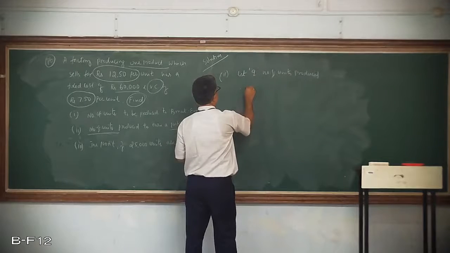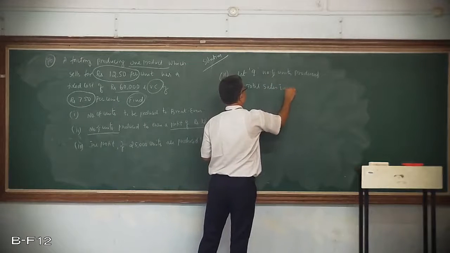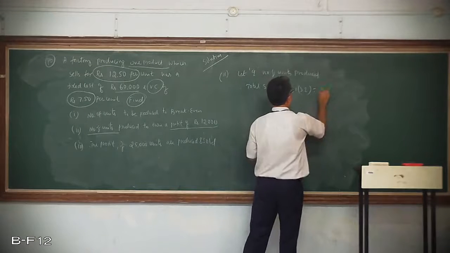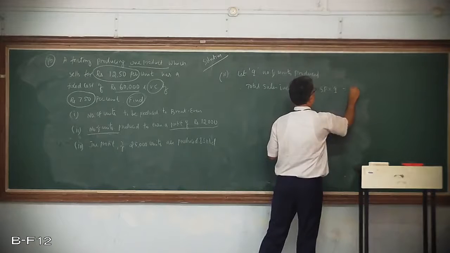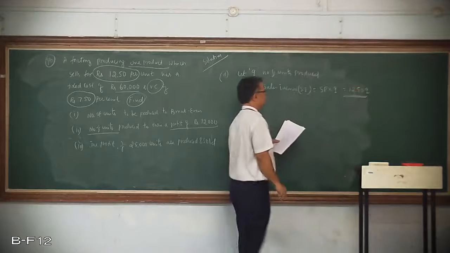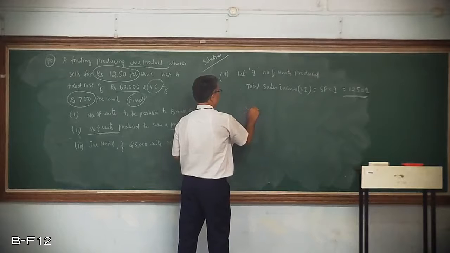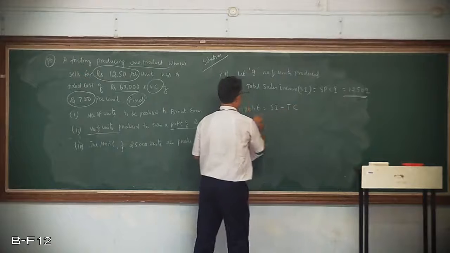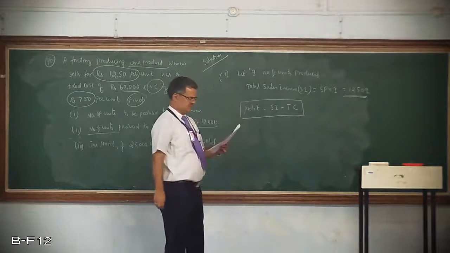So total sales income, SI, is equal to selling price into Q, that is 12.50 Q. You don't know the quantity, so you assume it as Q. The formula is profit is equal to sales income minus total cost. Simple formula.